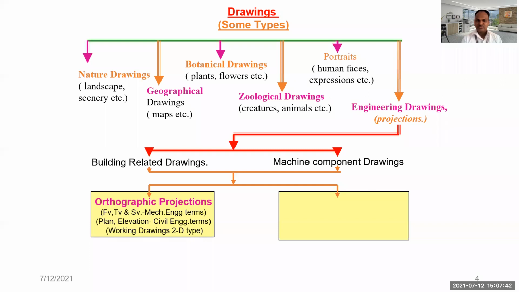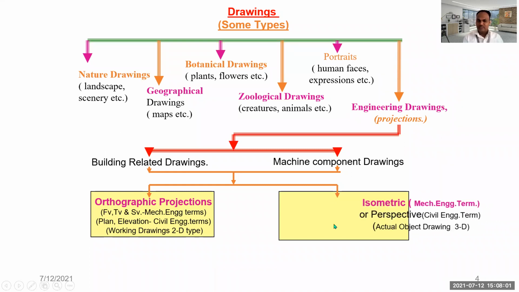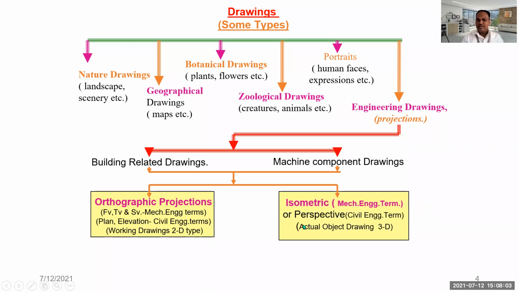That is a front view, top view or side view of any mechanical system, mechanical design. Or if you have heard about civil engineering terms, there are plan and elevation. So some people talk about what is the plan, what is the elevation of that particular body, a building. So plan is nothing but a top view of that building and elevation is the front view.